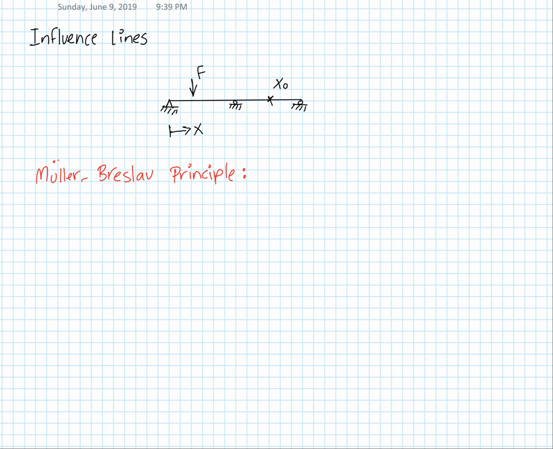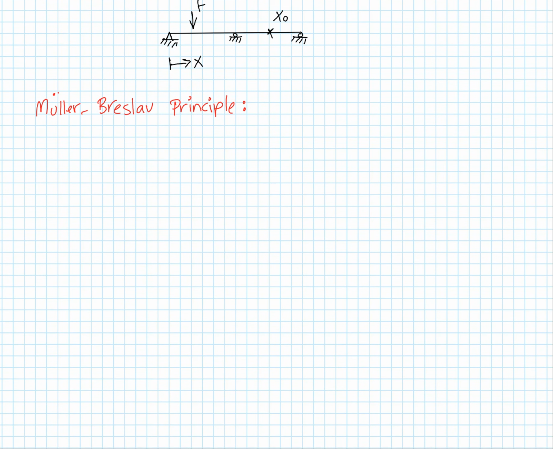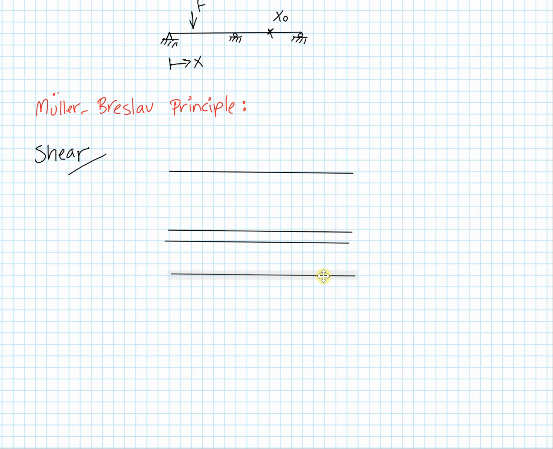It's really straightforward. To do this, let's start off by thinking about shear. We're going to do one example for shear, then we're going to do another example for moment, and then another one for support reactions. So we're interested in shear, and let's say I have a beam that looks as follows. I need to make several copies of this line. I'm going to use it multiple times. Here it is. And lastly, here's the next one.